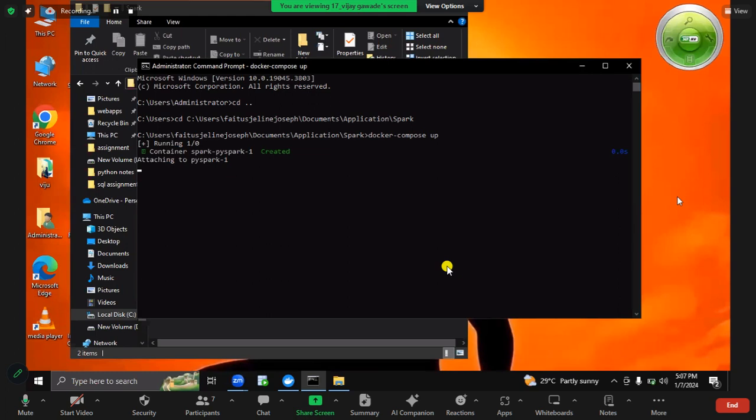Okay, next what will happen? PySpark is created. The container is attached, so let us wait. It's still taking time.